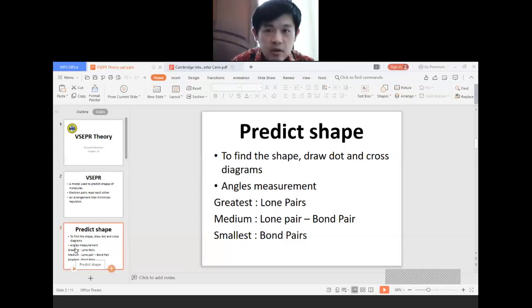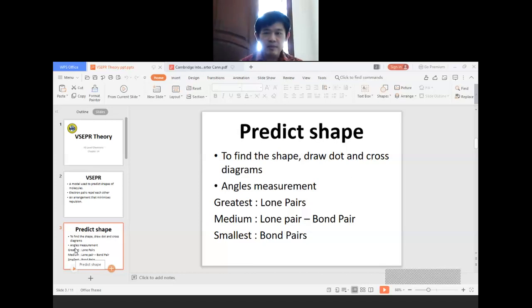Why? Because not everyone is able to draw a 3D diagram. We can only maximum draw in general. The drawing skill is maybe up to two-dimensional, not 3D.